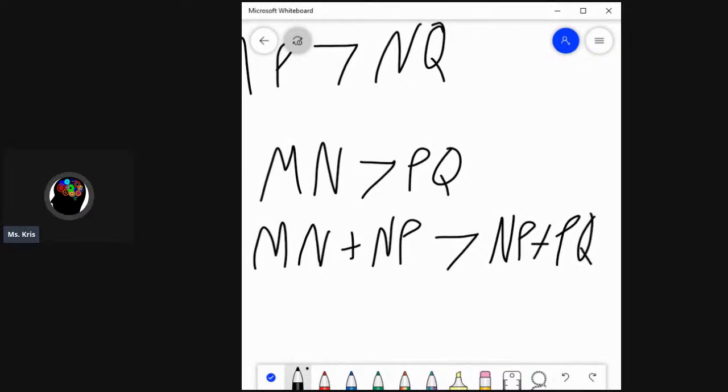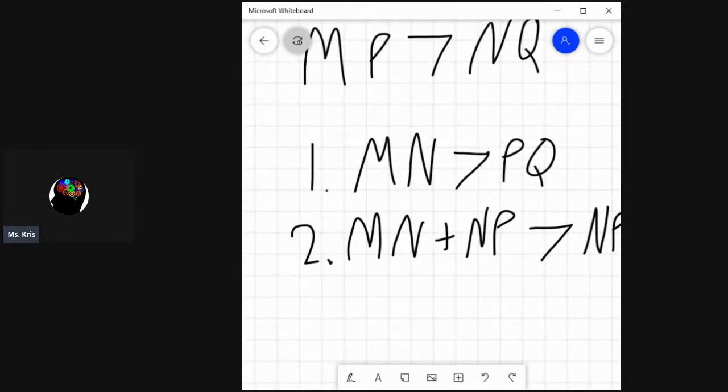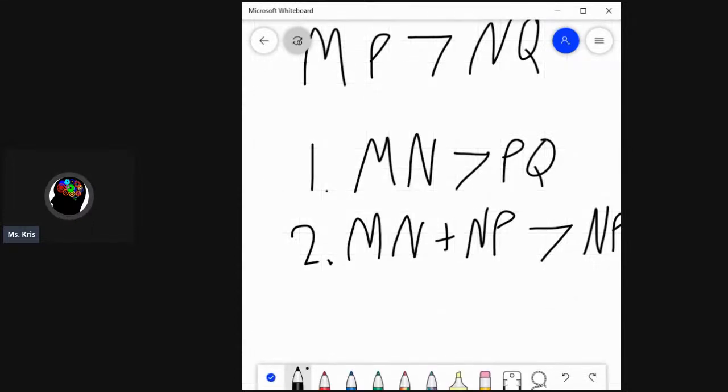And that is considered the addition property of an inequality. So now we have established the addition property of inequality.